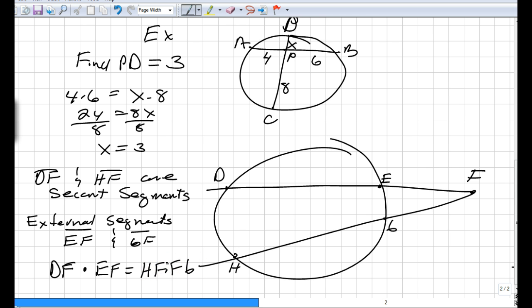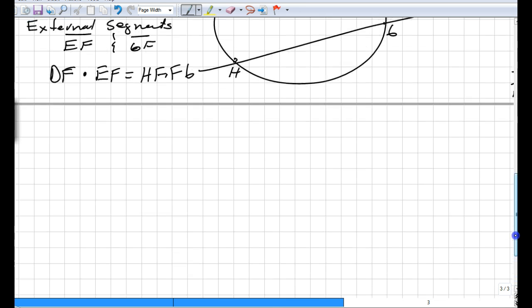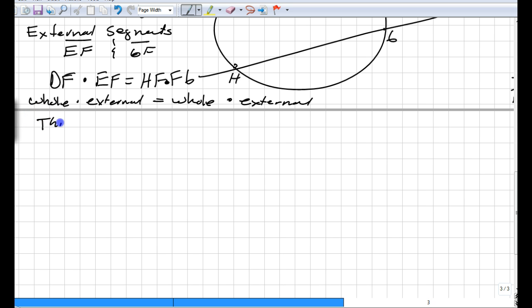So, in other words, in words, it's whole times external equals whole times external. And the theorem actually says this.